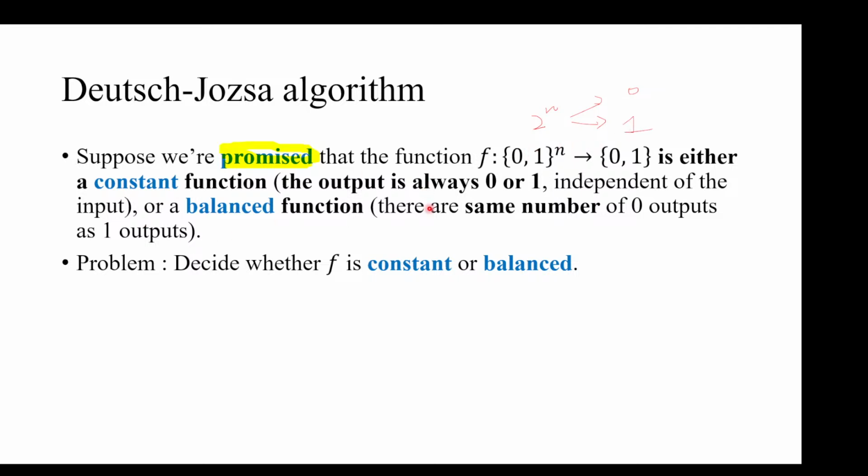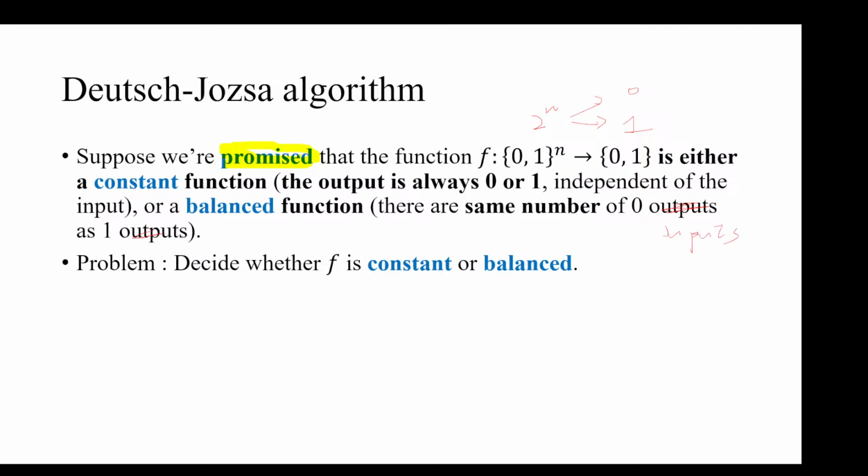Half of them will map to 0 and half of them will map to 1. That means it's a balanced function. So the number of inputs that map to 0 should equal the number of inputs that map to 1. That's a balanced function. So 2 to the n over 2 of them map to 0, and 2 to the n over 2 of them map to 1.